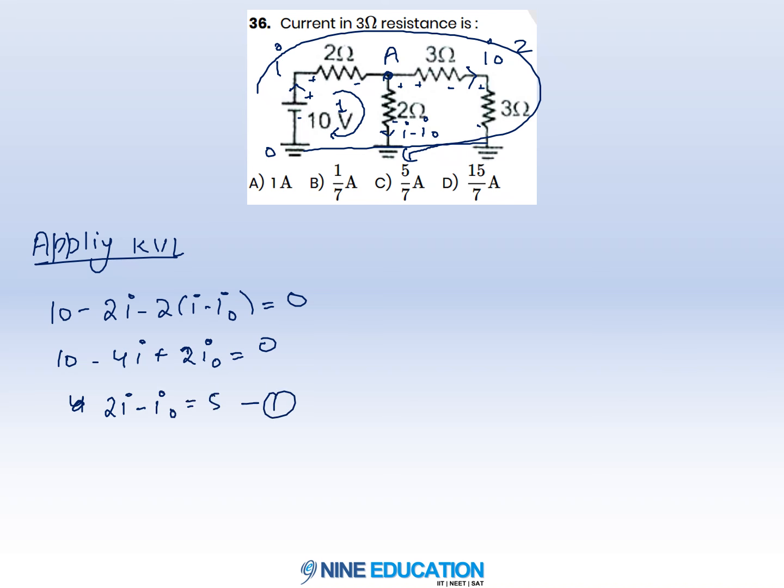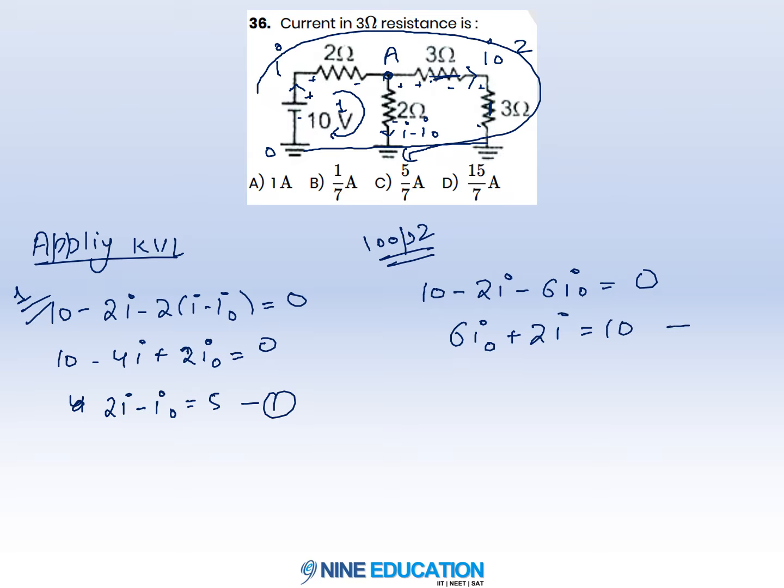Now apply the same for bigger loop 2. So 10 minus 2i minus the sum of these two resistances, or the equivalent of this resistance, is 6 I naught equals 0. So what we are getting, 6 I naught plus 2i equals 10. This is equation 2. Now what we need is I naught.